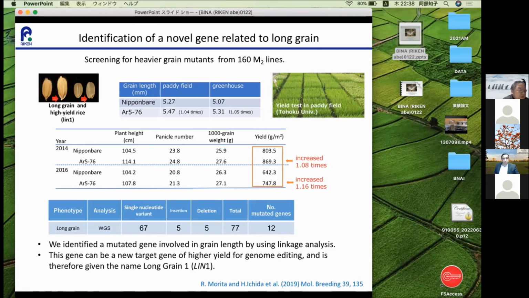As the mutant plant had long grain, we performed full genome sequencing and linkage analysis to identify the responsible gene. Transgenic plants with CRISPR-Cas9 in this gene showed long grain phenotype. This gene can be a new target gene for higher yield by genome editing and is therefore given the name long grain 1.